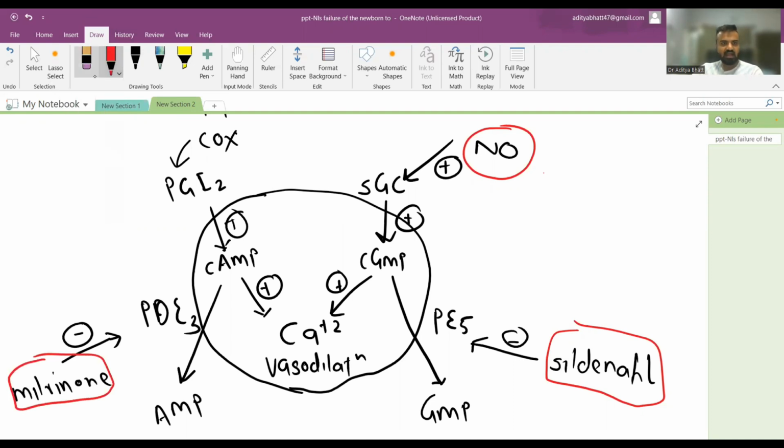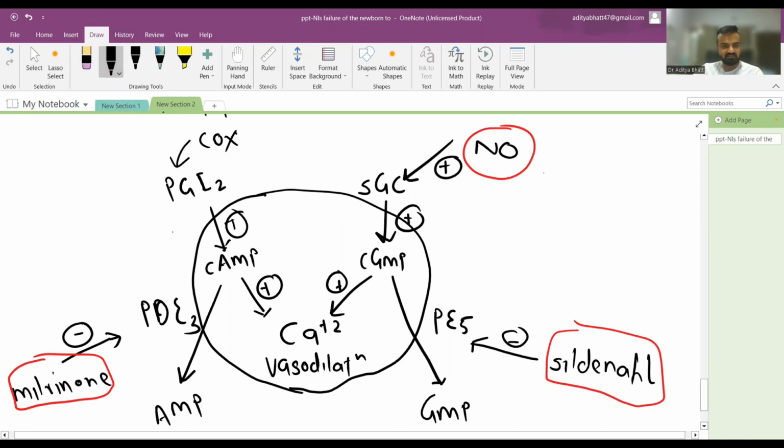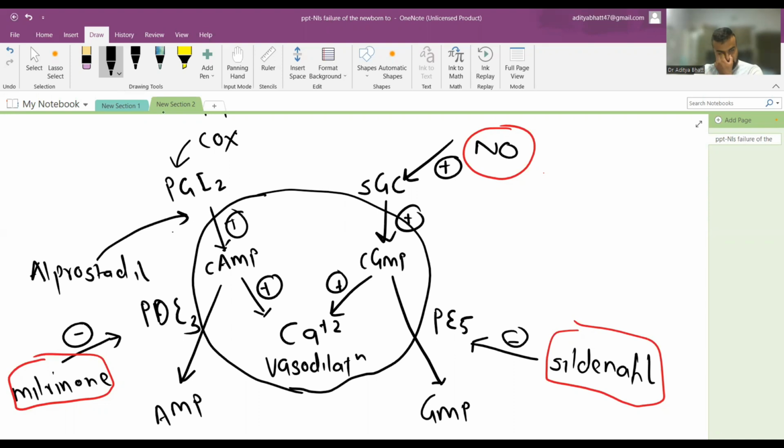Then there are two other drugs that I need you to remember. First is the PGE stimulator, which is known as alprostadil, a PGE analog.